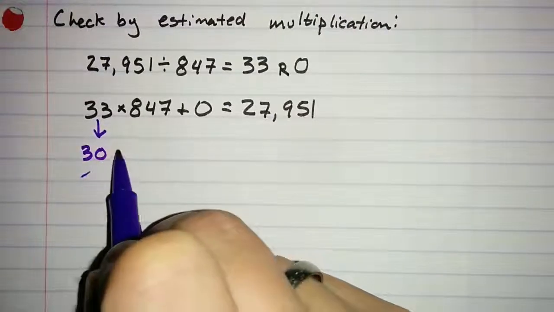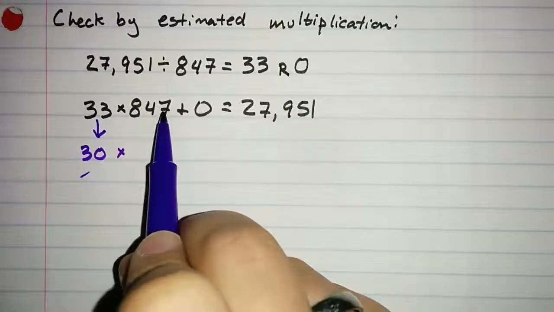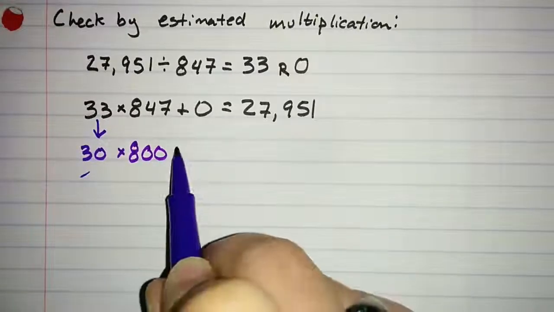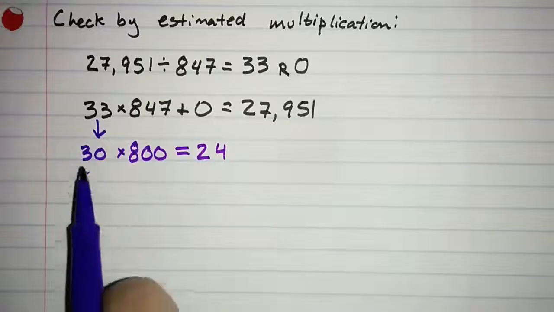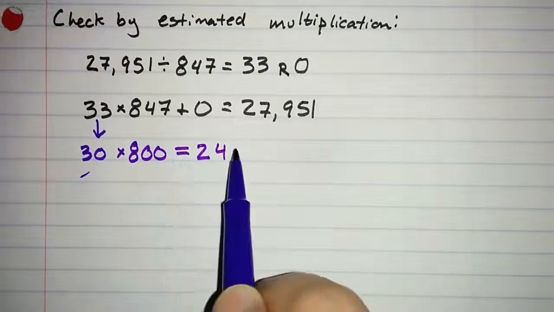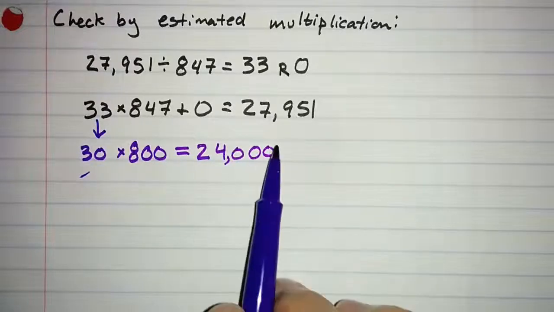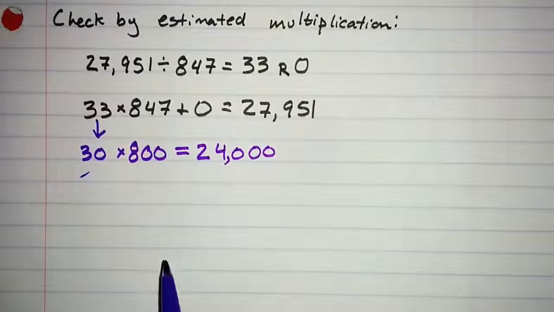It's closer to 30. 847 is between 800 and 900. It's closer to 800. 3 times 8 is 24. Then 1, 2, 3 zeros. We're left with 24,000, which is pretty close to 27,951.